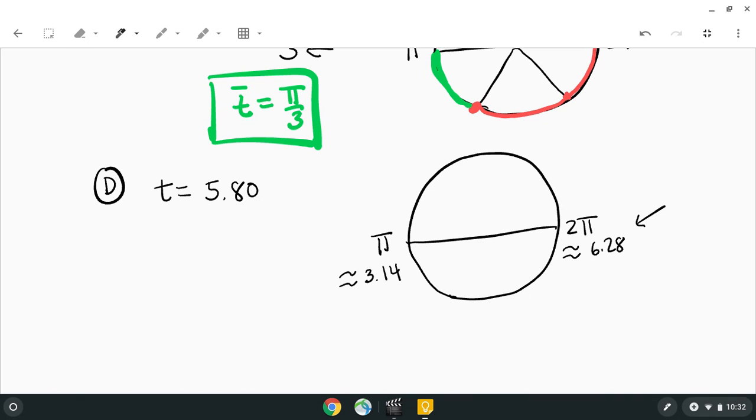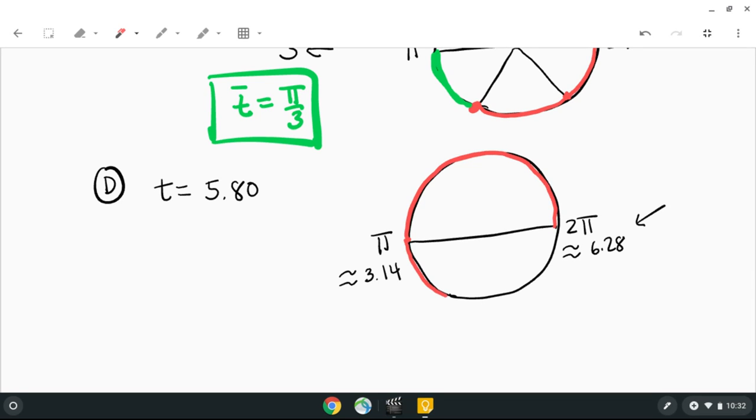So if we're talking about 5.80, it's saying that you're traveling around that circle to 5.8. So we know that we've gone this far, 3.14. So we know we've done more than that if we're trying to get to 5.8. 5.8 is closer to 6.28.